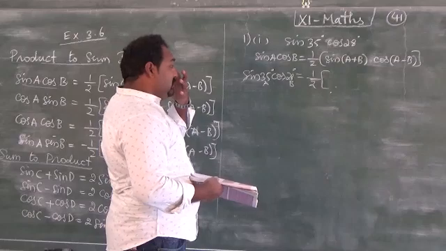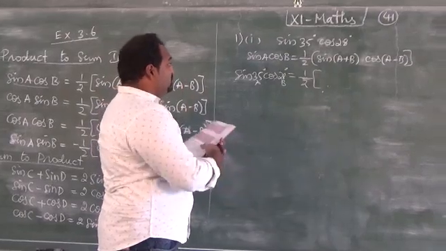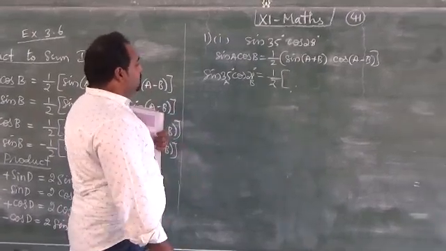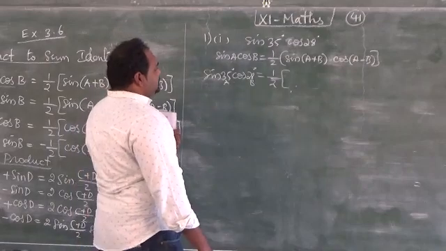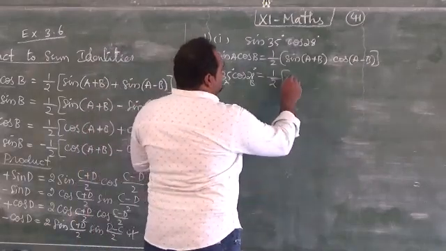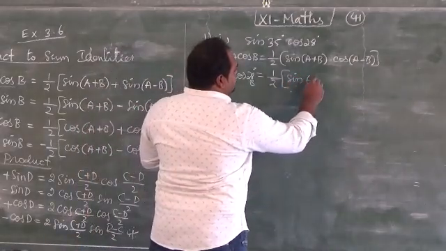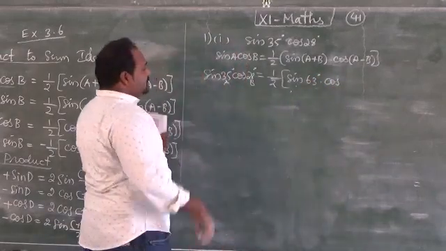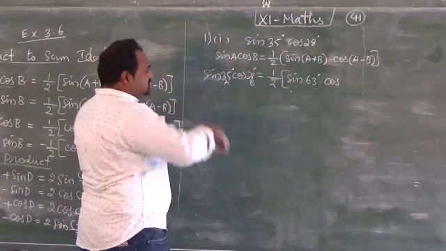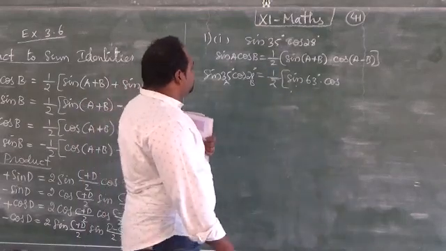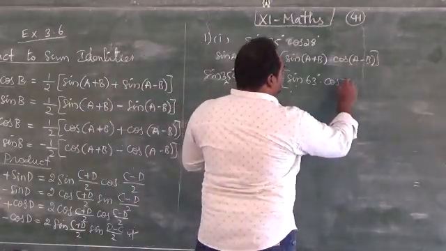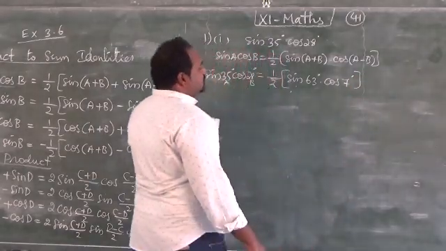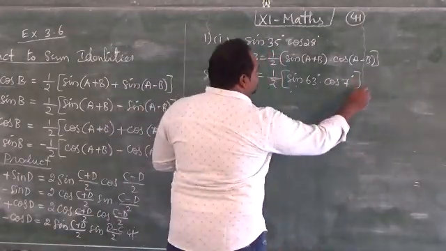A plus B, if you add 35 plus 28, it is 63. So sin 63 degree, plus sin(A minus B), 35 minus 28, it is 7 degree. This is the answer for this question.